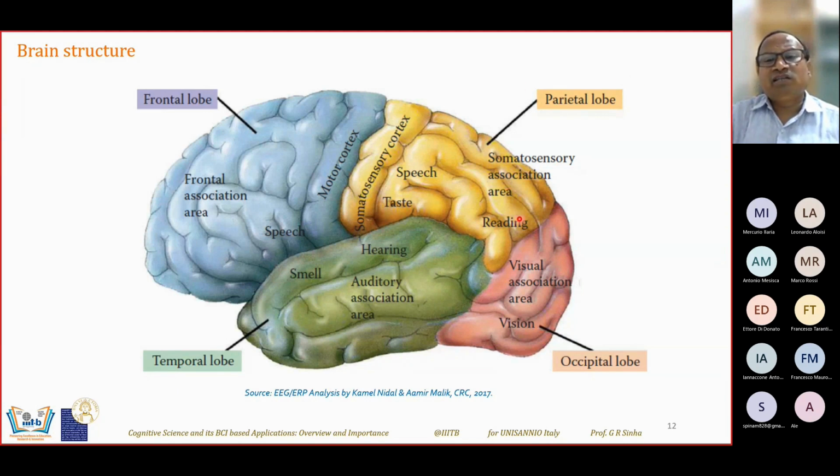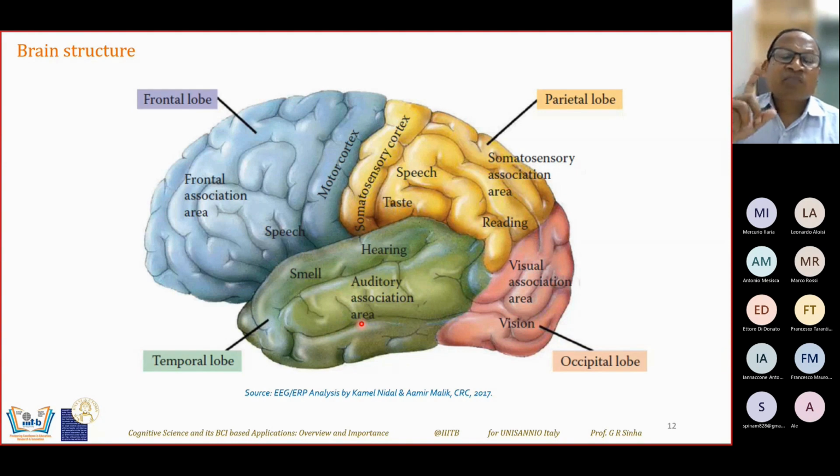Parietal lobe, you look at the yellowish color. Right side down, occipital lobe, and then left side down, at the bottom rather, is the temporal lobe, and top left side is the frontal lobe.